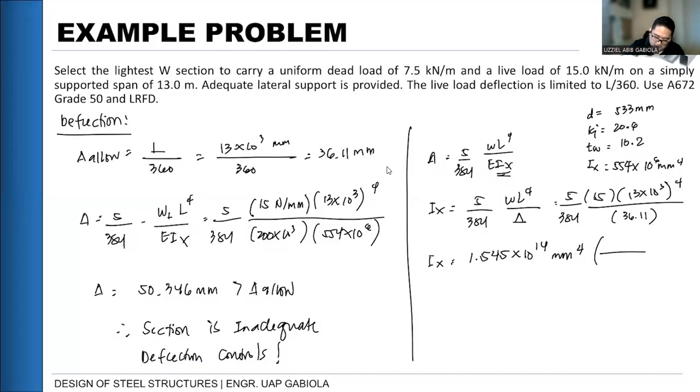So, ito will be 25.4 mm, then 1 inch. So, divide natin yung 25.4 raised to 4. Okay? So, ang required natin is 371,131,425.9 inch to the fourth. So, yan yung kailangan nating value.